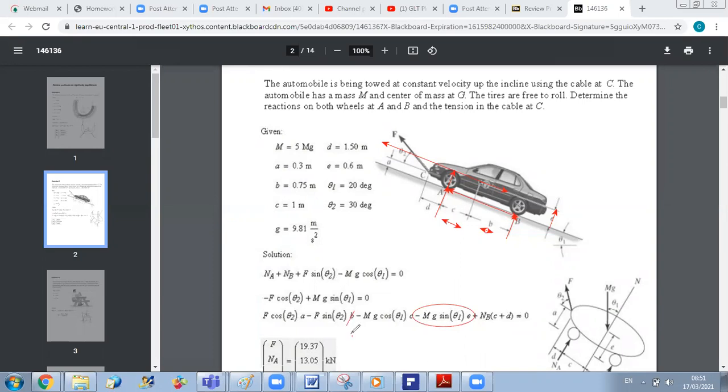So here it should be D, and here it should be instead of DB, because this is the distance. It's C plus B. Okay, so now I got 3 equations and I have 3 unknowns.